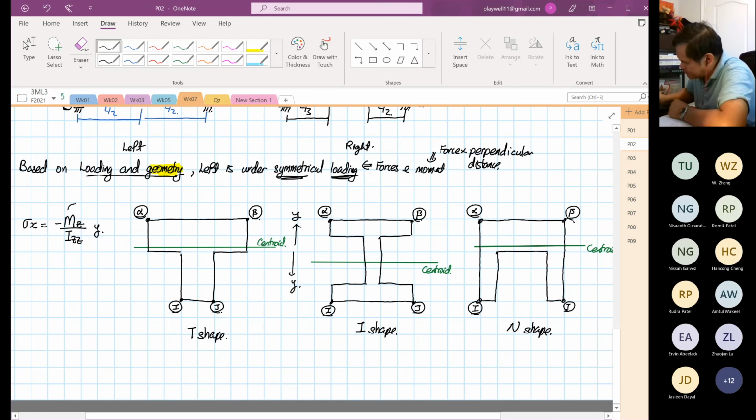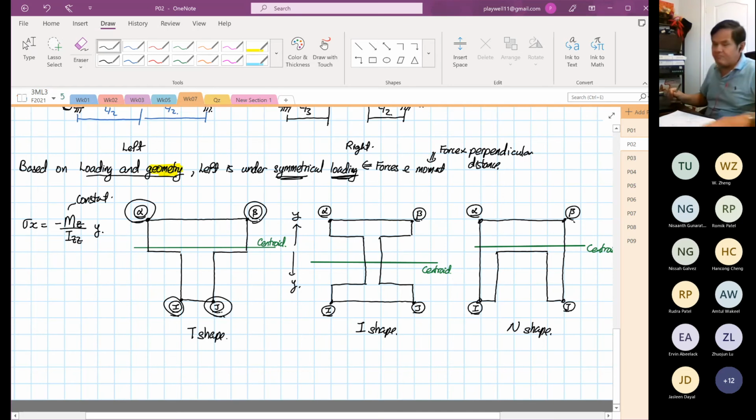Mz is constant. Iz is different, but if I want to find the normal stresses in the point alpha or beta or I and J, Izz is the same based on the shape. Now, by looking at the formula, which one is symmetry bending?